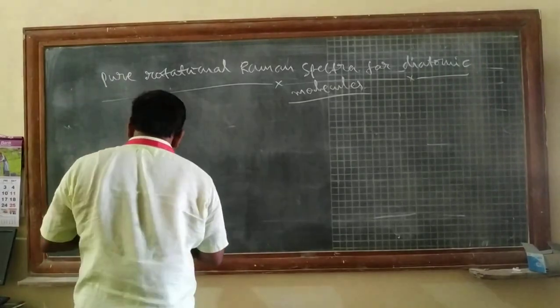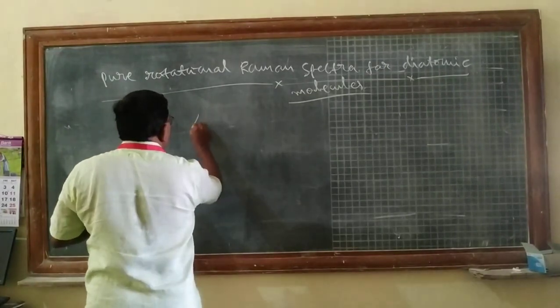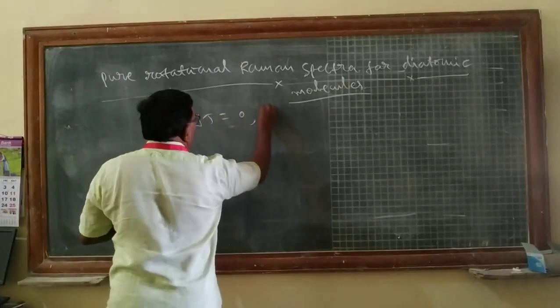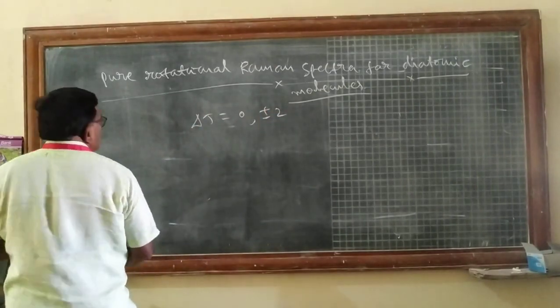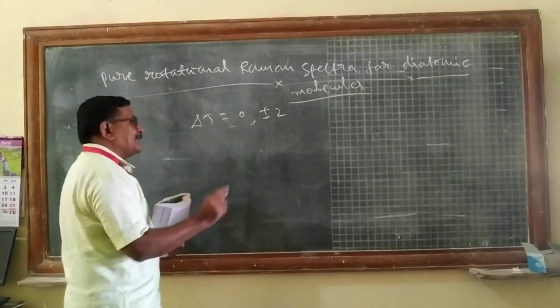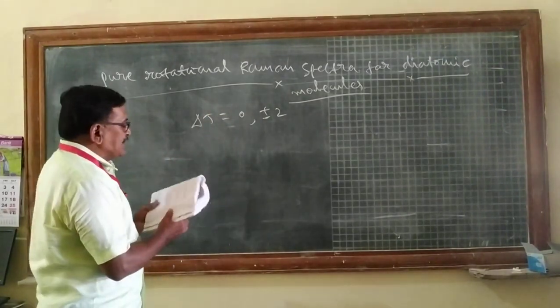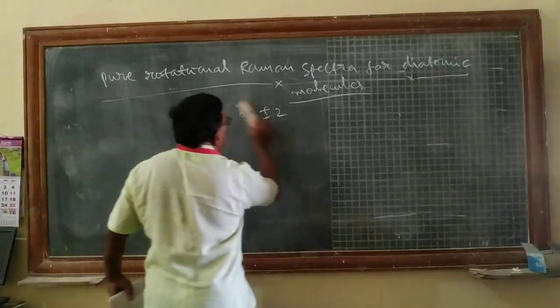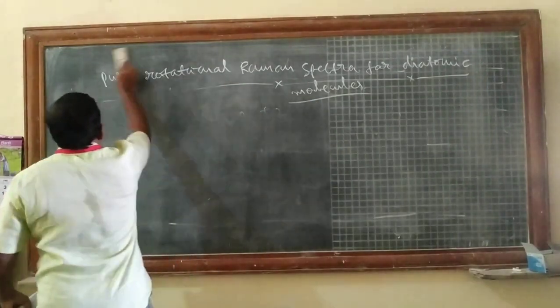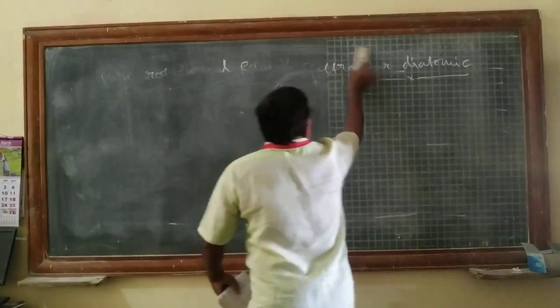A pure Raman spectra will have delta J is equal to 0, plus or minus 2. Here delta J is equal to 0, plus or minus 2. The pure rotational spectrum, that is the Raman spectrum, can be explained like this.